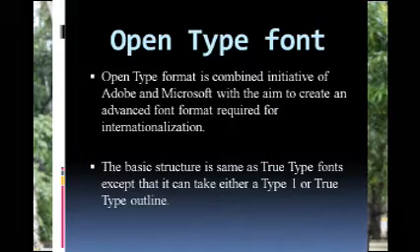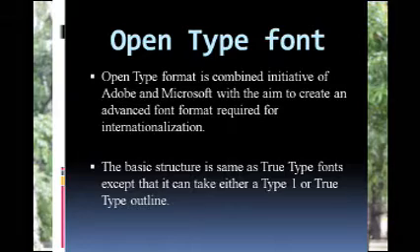Then we are moving to the third example for outline fonts or vector fonts, that it is OpenType font. What is OpenType font? Okay, we can go through it. OpenType format is a combined initiative of Adobe and Microsoft with the aim to create an advanced font format required for internationalization. Okay.